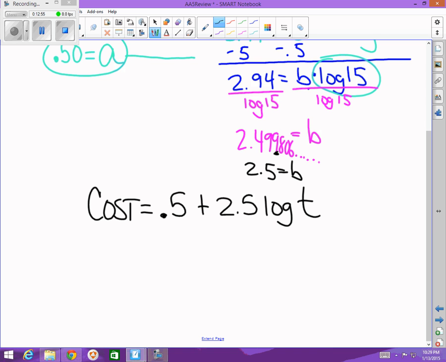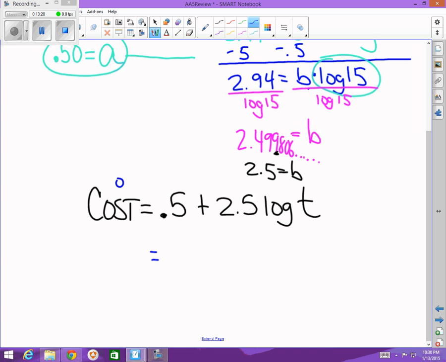Then it says, what is the x-intercept of the graph of the equation? Well, remember, the x-intercept is when that is 0, because the y value has to be 0.